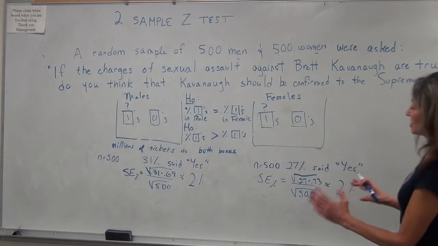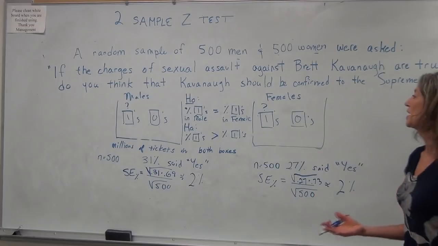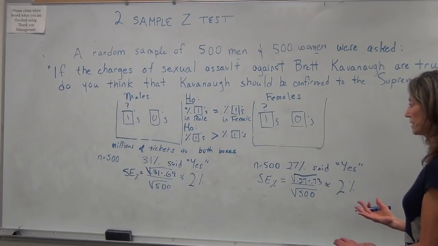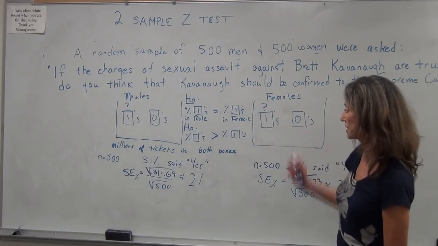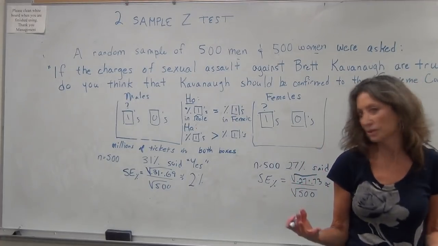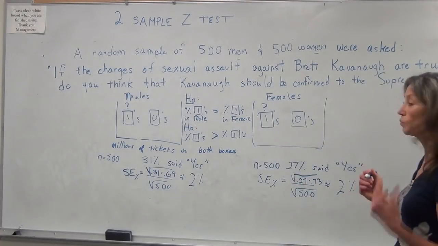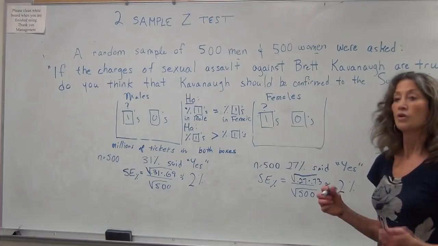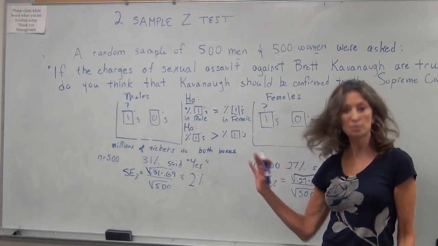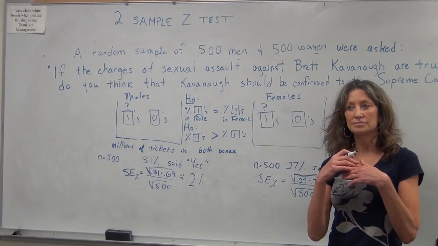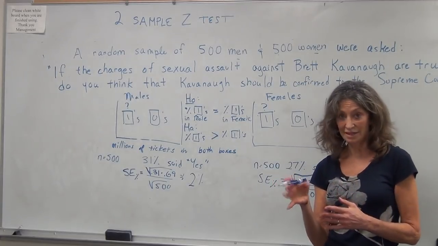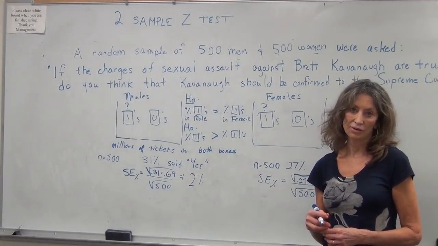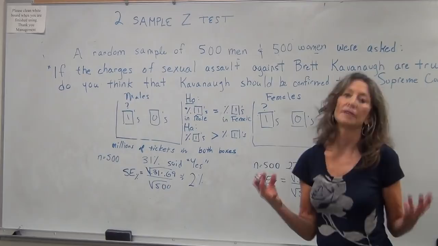Okay, now how are we going to test these hypotheses? What statistic should we use? Remember when we did the one-sample z-test, we looked at the observed average or percent minus the expected under the null, over a standard error. We're going to do the same thing here.